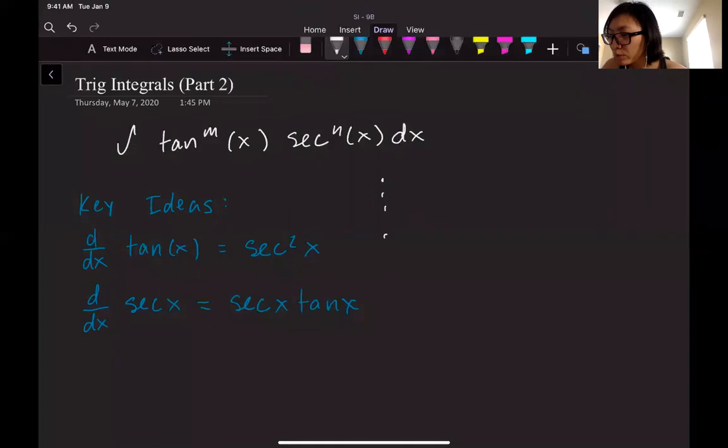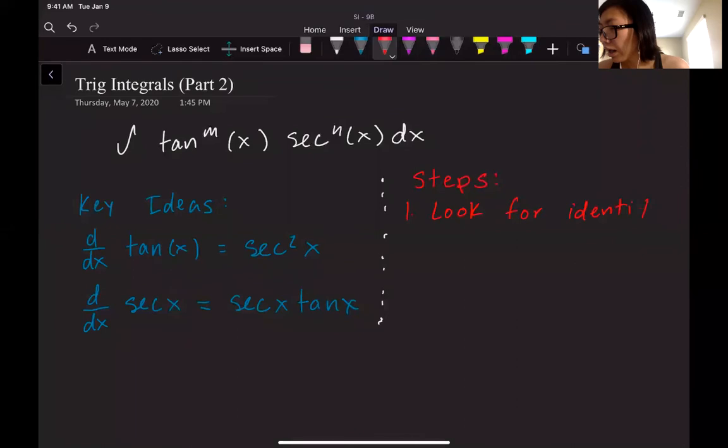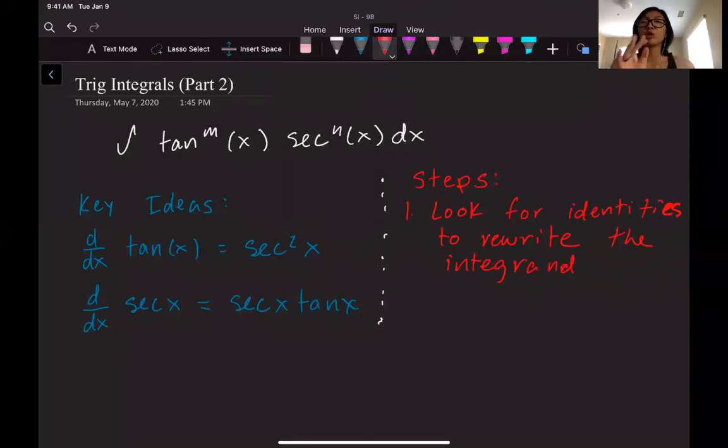So we can pretty much boil down these problems into two steps. Granted, these two steps are kind of lengthy, but the first step is, okay, let's look for identities so that we can rewrite the integrand as just a product of the same trig function.